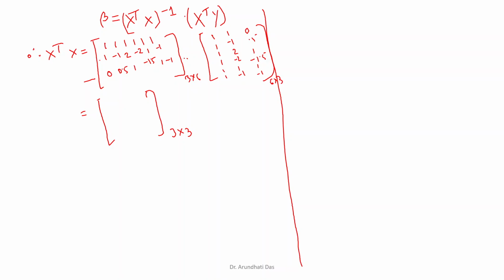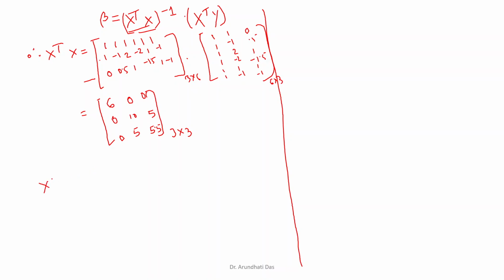After doing this multiplication, a simple multiplication only, the final value here is 6 0 0, then 0 10 5, then 0 5 and 5.5. This is the final multiplication of x transpose multiplied by x. Then the next part is the inverse.